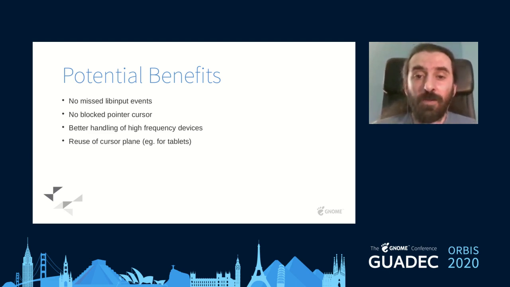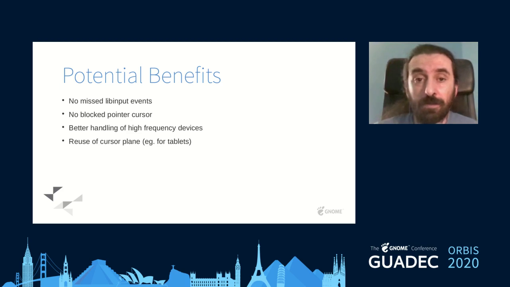So we currently are doing motion compression pretty deep in the stack, and this design actually makes it more mandatory to put this event compression higher up in the stack, which means that we could, for example, deliver Wayland events at full rate but only compress motion events before handing them to the Clutter bits.